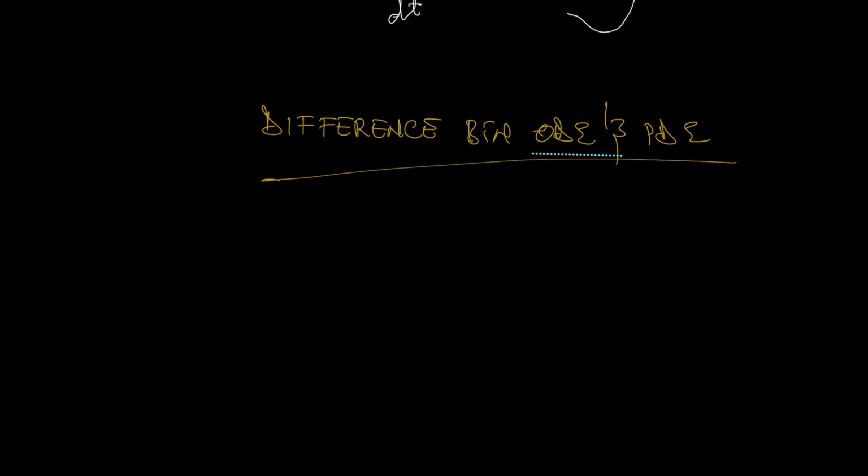So you have dy/dx being equal to 2x plus 5. This is our first example, and this one here is an ordinary differential equation. And the reason why I'm saying it's an ordinary differential equation is because it has only one independent variable.